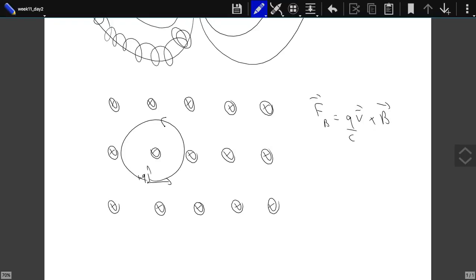Now, this is not a magnetostatic system, but rather than talking about the point charge, maybe we can talk about the average charge density. So on the average, we might be able to treat this system as a current carrying ring. So what is the direction of the magnetic dipole moment of that ring within this approximation?